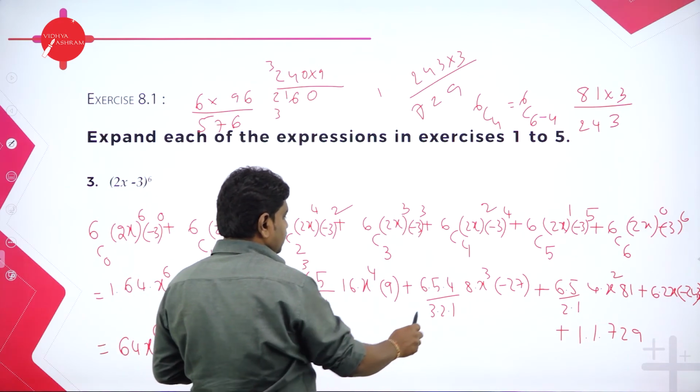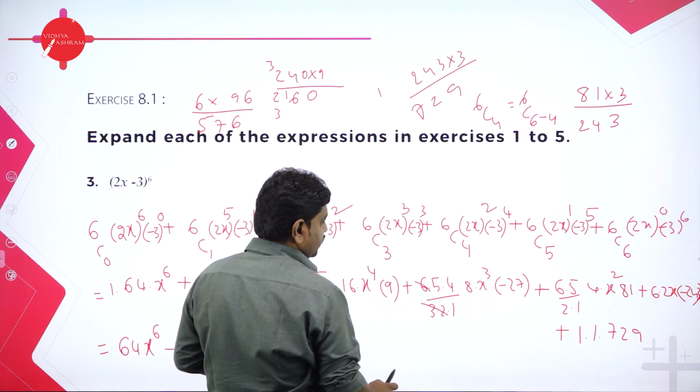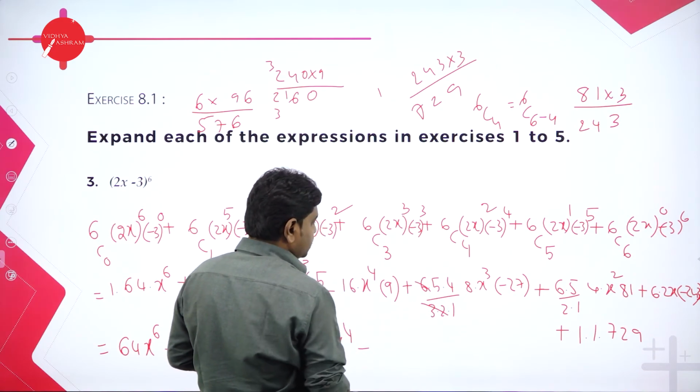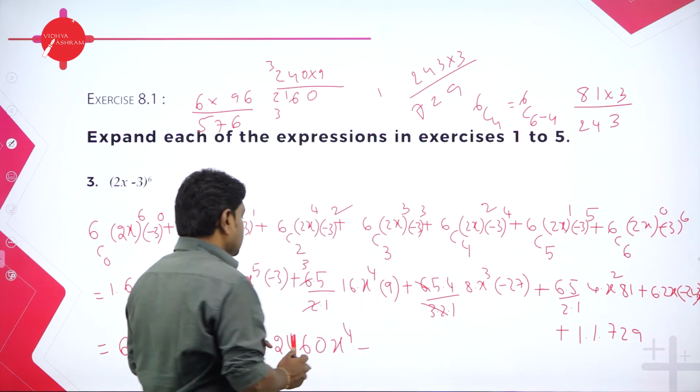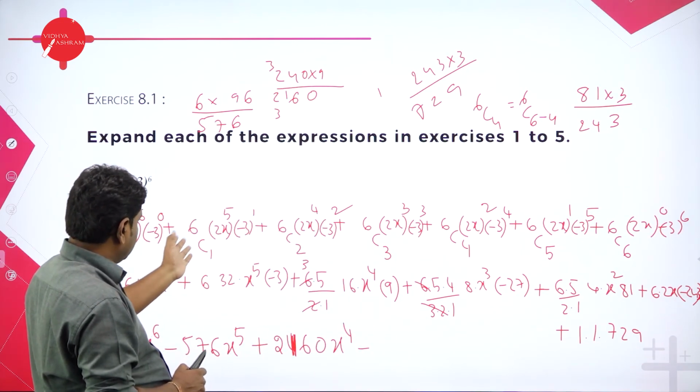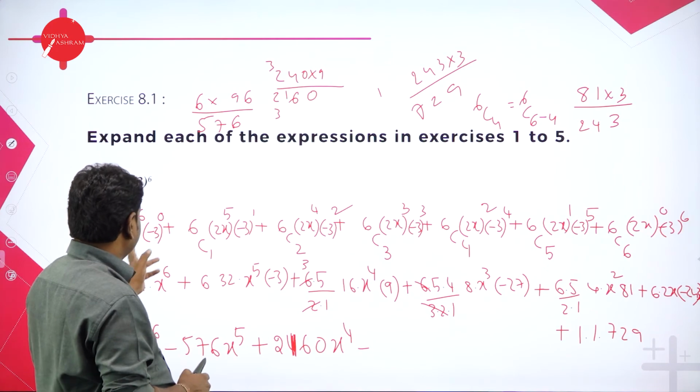x power 4, then 3 2s are 6 and 6 cancels. Plus into minus becomes minus. Or see, here whenever the expansions are lengthy, you can leave it in terms of this.